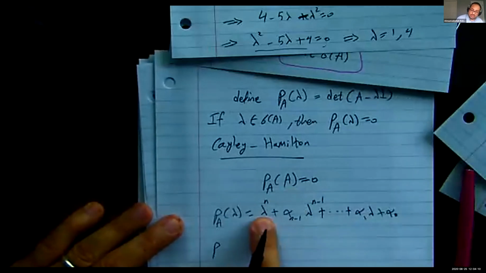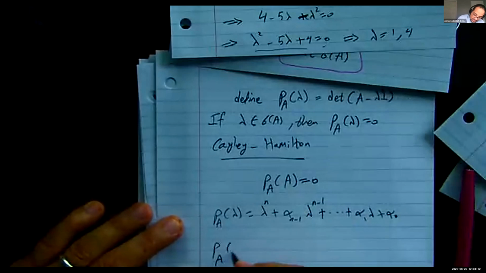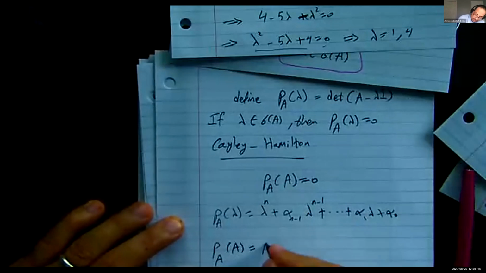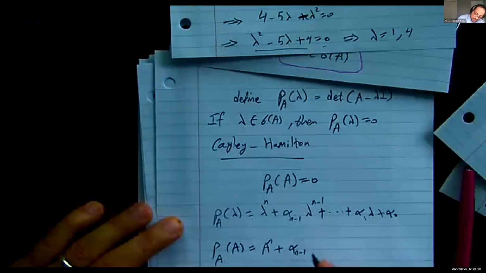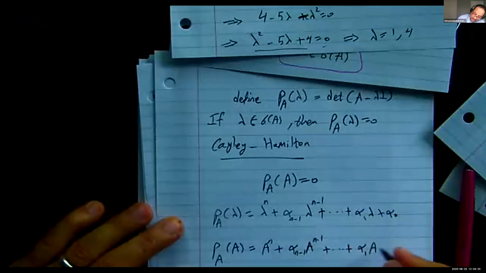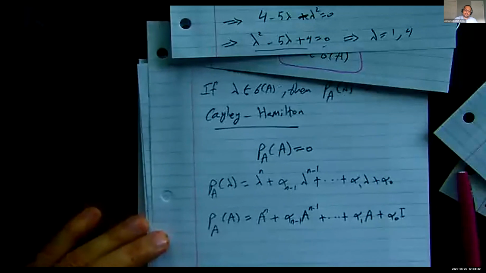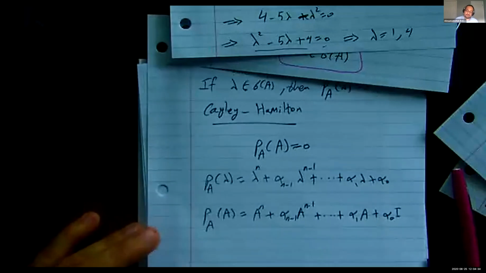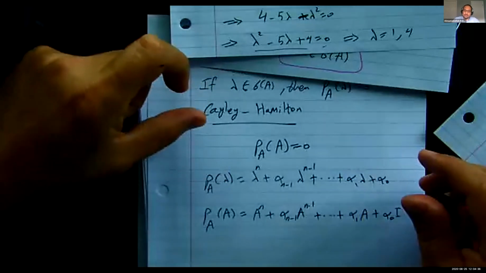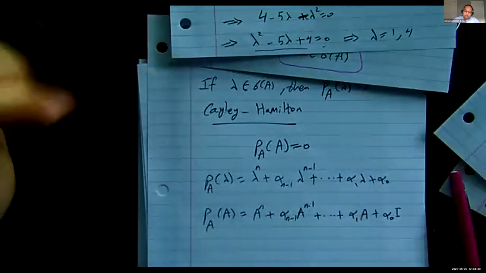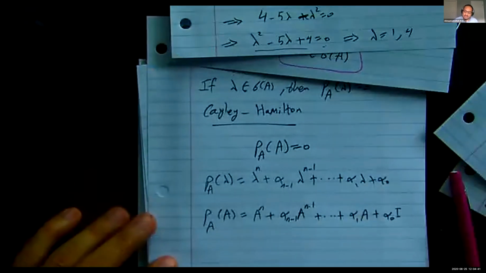If you substitute lambda by A, meaning P_A of A is equal to A to the power of n plus alpha n minus 1 A to the power of n minus 1, plus alpha 1 A plus alpha 0 times the identity matrix. So what this means is that the characteristic polynomial applies or holds for the eigenvalues.